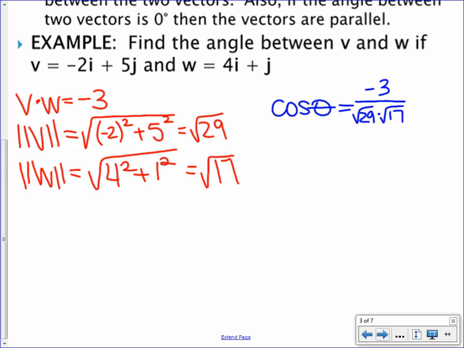So to get theta, we're going to have to punch in the inverse cosine of this fraction. Please be careful when you punch this in your calculator. Remember, if you have more than one thing in your denominator, it needs parentheses. Otherwise, it will not do your order of operations like you want it to.